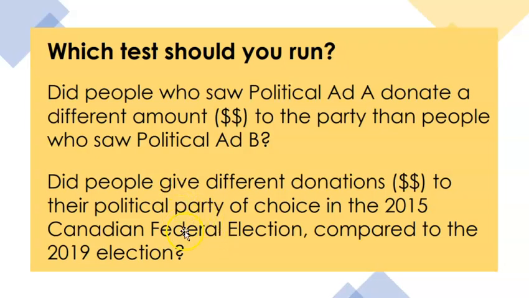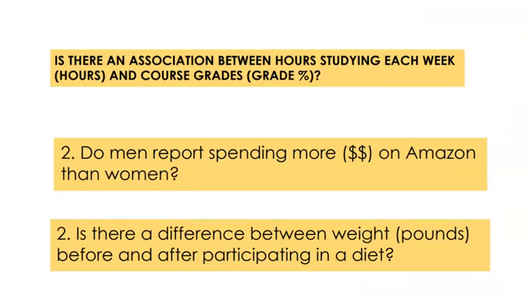You have only the same group, but you are comparing the amount of dollars this group gave at different times. So these are the big differences between the independent t-test and the paired, dependent t-test.